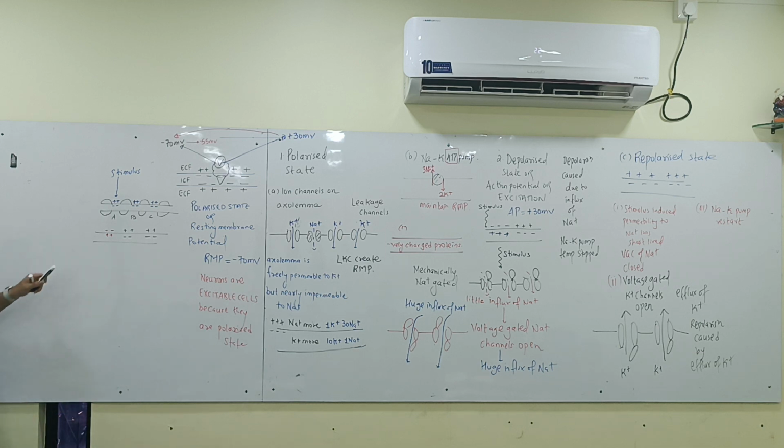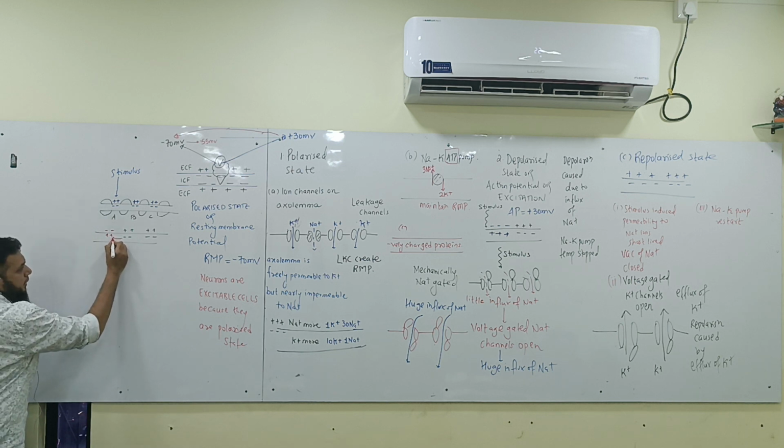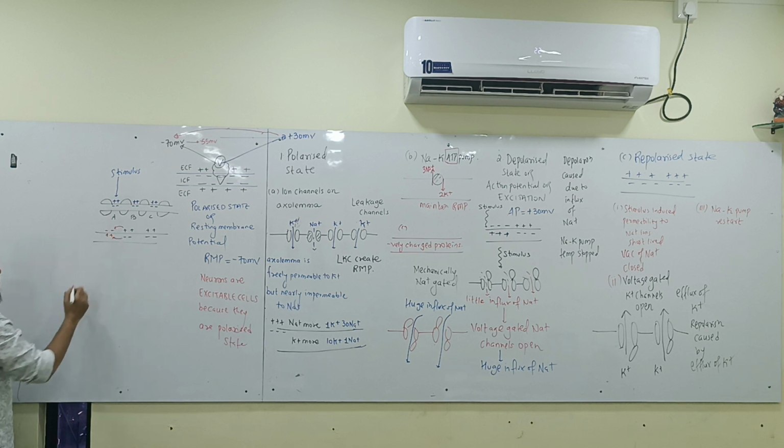Okay, so this is the electrical disturbance that occurs on node of Ranvier A. Okay, and the negative charges attract the positive charges, so that also disturbs the next node of Ranvier.